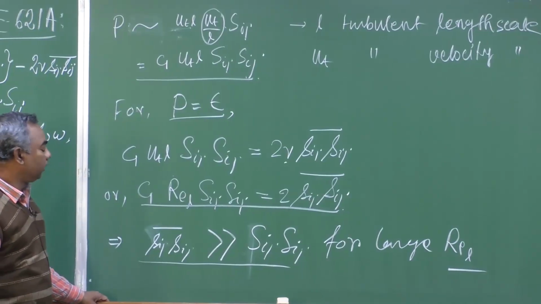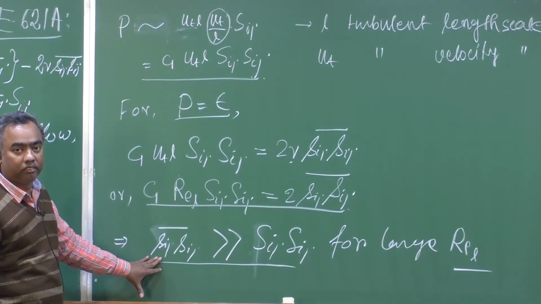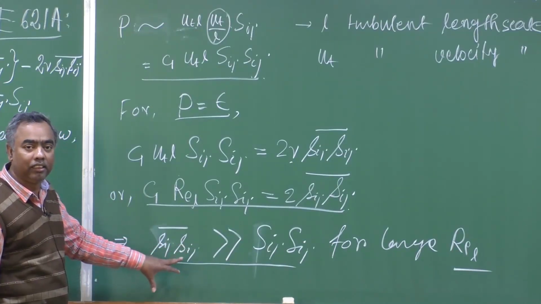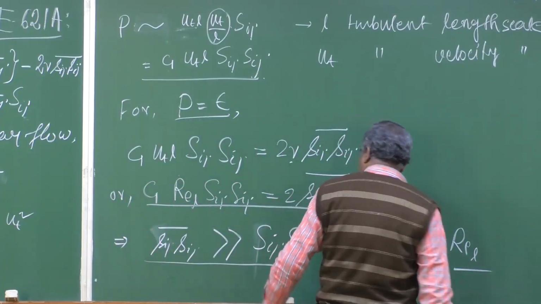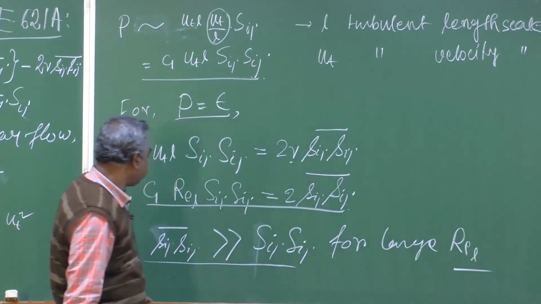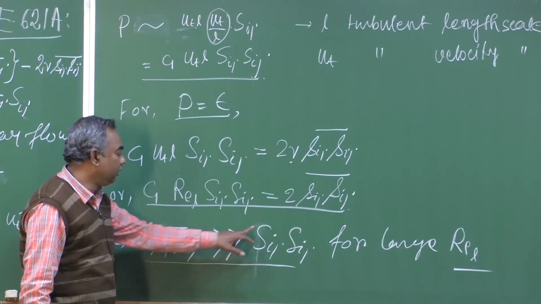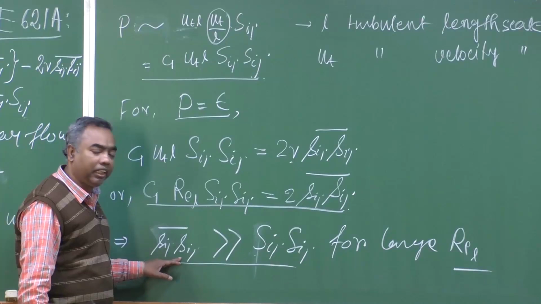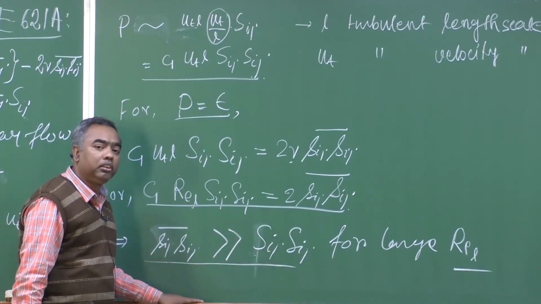These are basically units of inverse time, so Sij is second inverse. So, from this relation, Sij means 1 by second, and this capital Sij is also 1 by second. So, this is related with a time scale, and this is also related with some time scale.